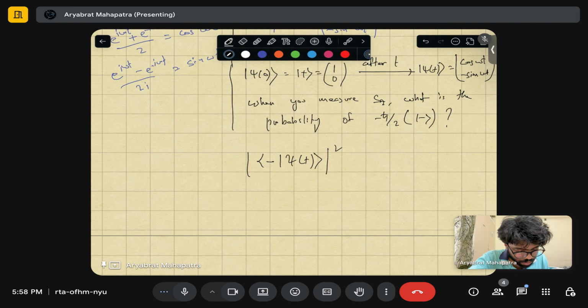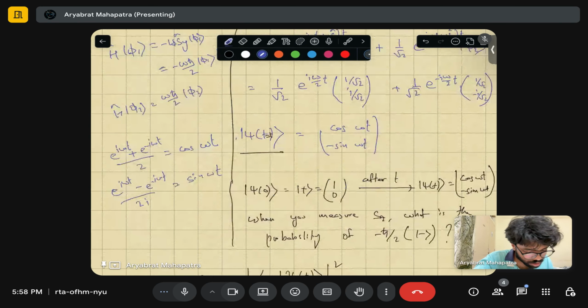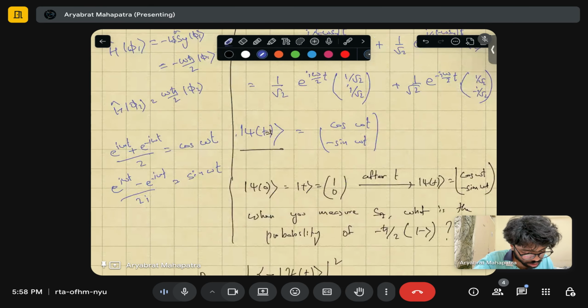That will give the probability. So you have 0 1 because plus is defined as 1 0 and minus is defined as 0 1. Then you have cos omega t and sin omega t.